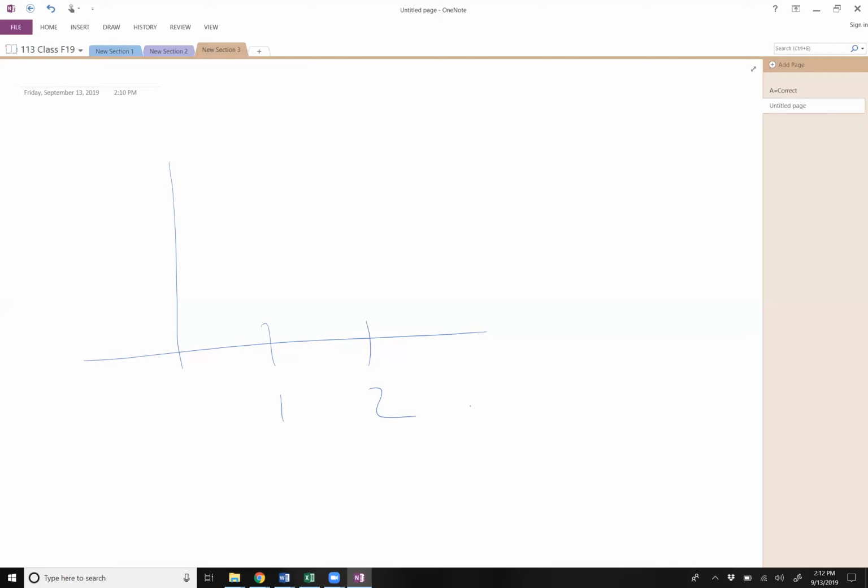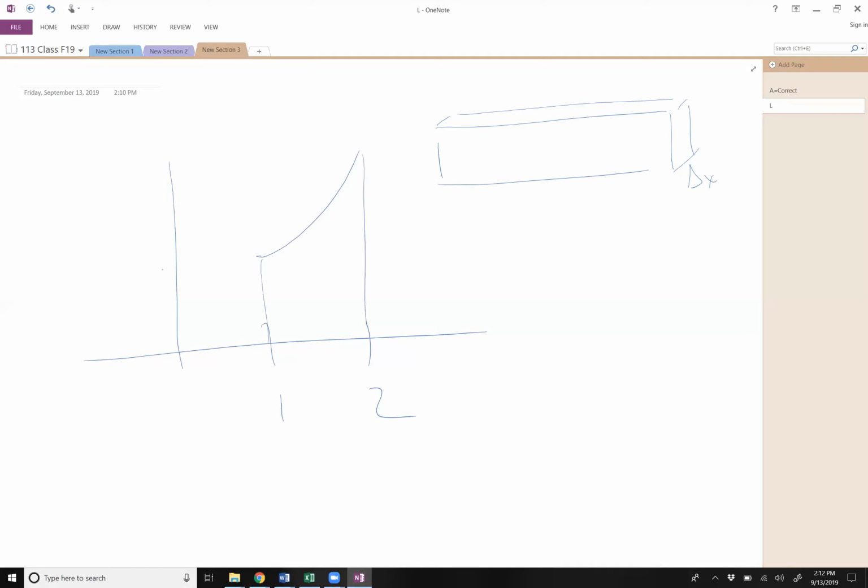Okay, so let's do that. I'm going to draw one of those up here. In our particular case, we're going to have a delta x or a dx or a dy. In our case, are we doing it with respect to y or with respect to x?